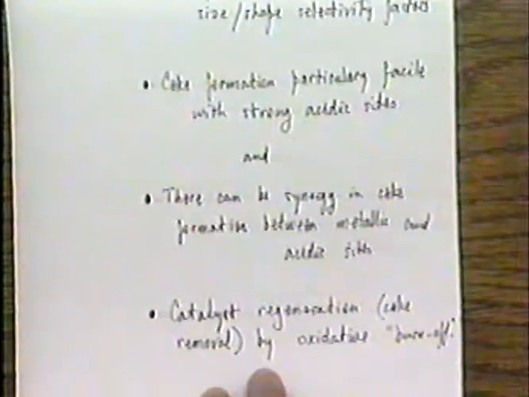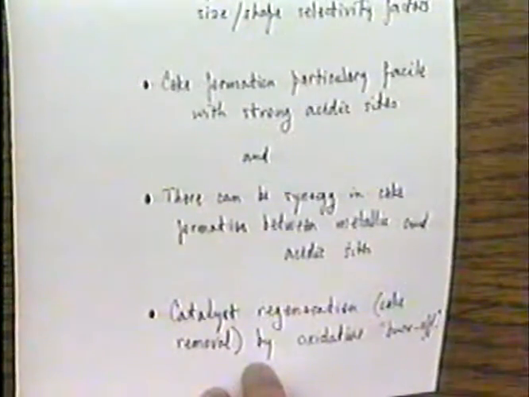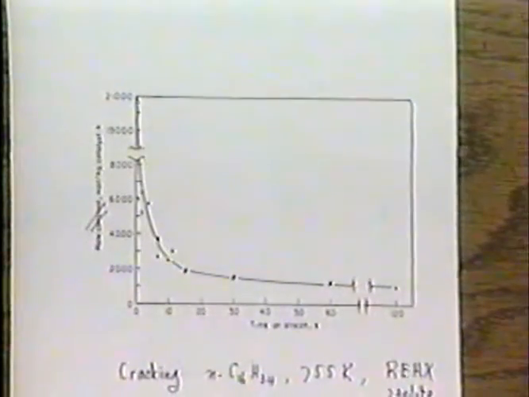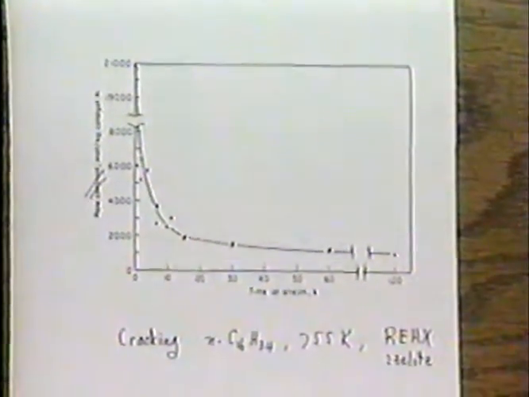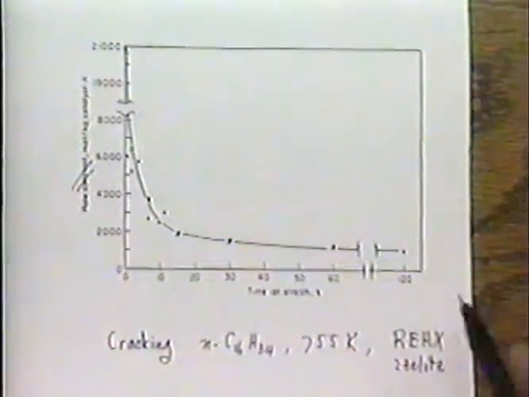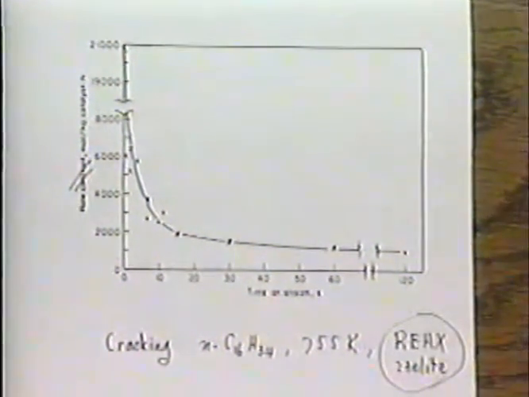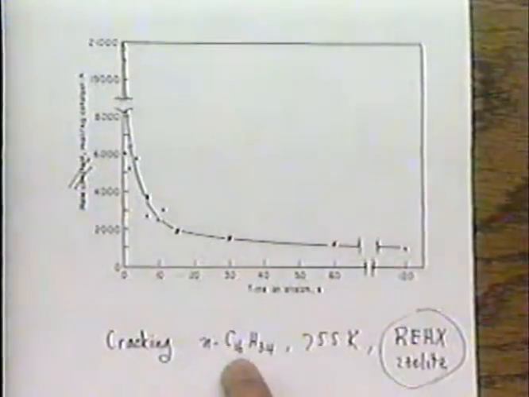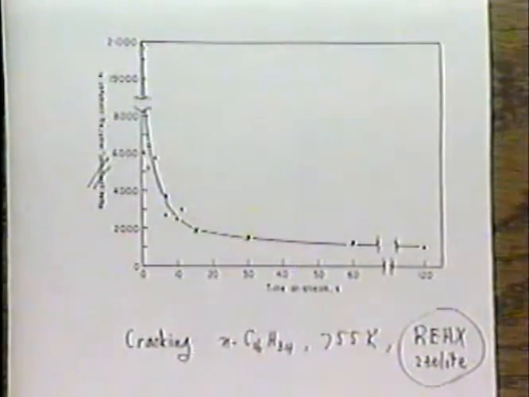The next sheet just gives you an example of the extent to which coke formation may occur under particularly favourable circumstances. And what it does is to show the time dependence of the rate of cracking of this C16 paraffin over a rare earth exchanged zeolite.